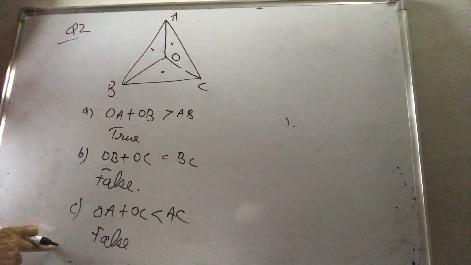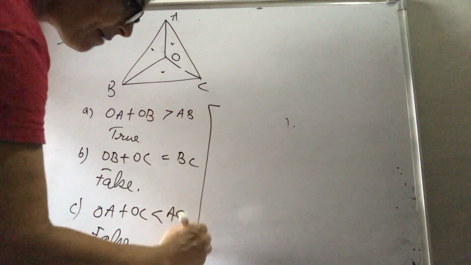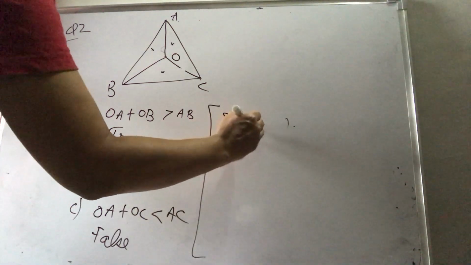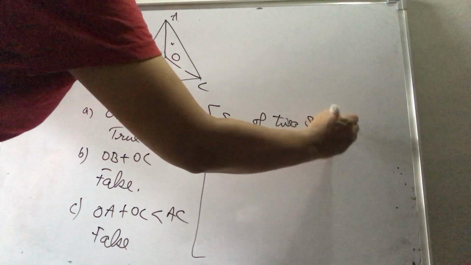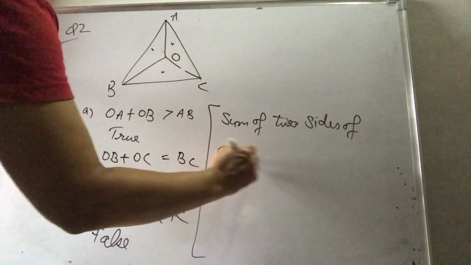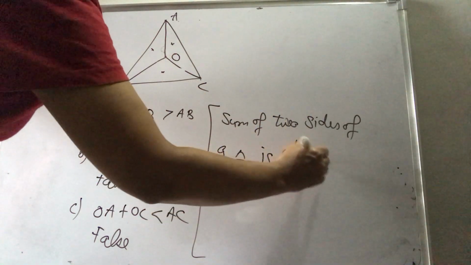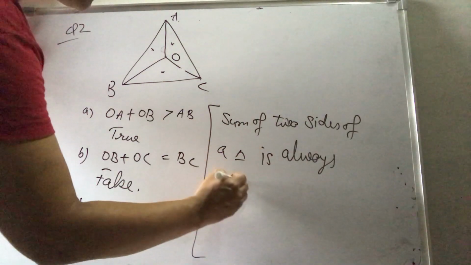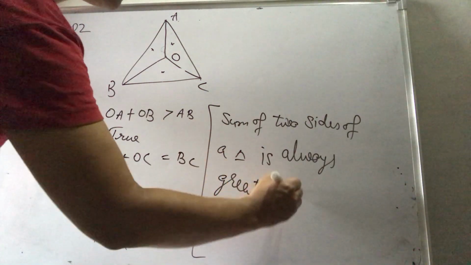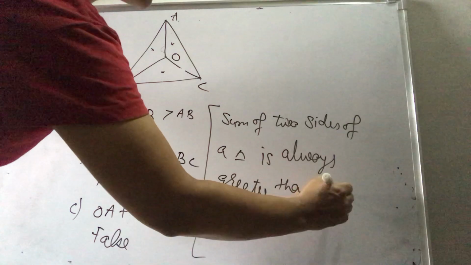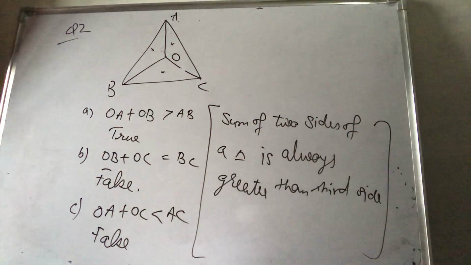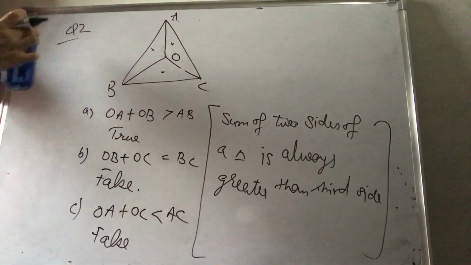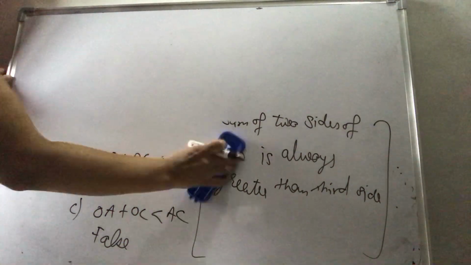For all these three statements, we have the same reason, that the sum of two sides of a triangle is always greater than the third side. So we have to give the reason for that, and there is one reason for all these three statements. Question number 3.